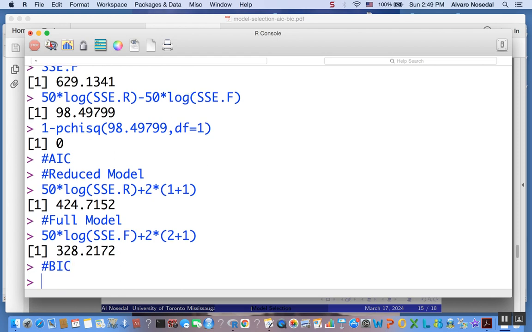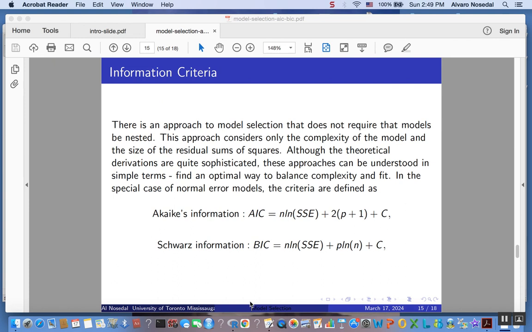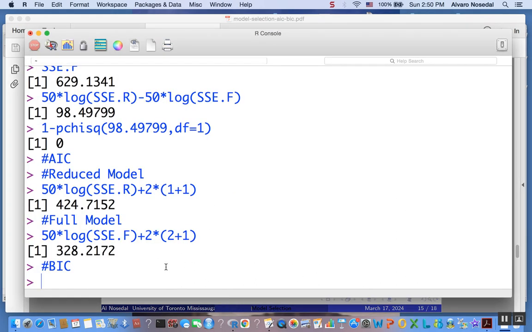And we could do something similar for BIC. Let's do the same. In this case, remember that the part where you penalize the number of parameters is slightly different. So it's going to be n times natural log of the sum of squares of the error for your model plus the number of parameters times the natural log of your observations. So let's compute that for the reduced model.